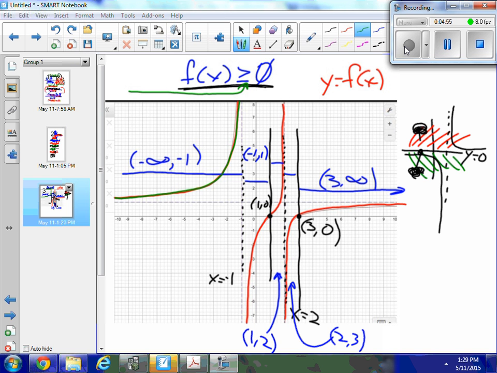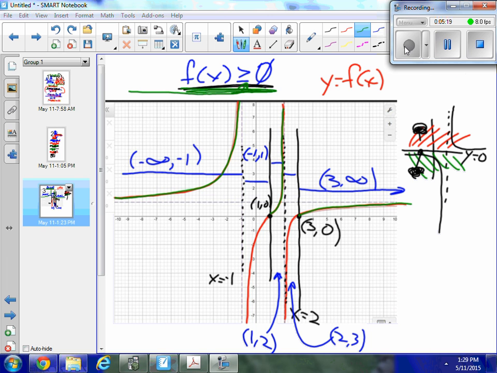They are greater than 0 from 1 to 2. They flip back down being negative, and then again they're greater than 0 here from 3 going onward. So the green now identifies the intervals where this is true.